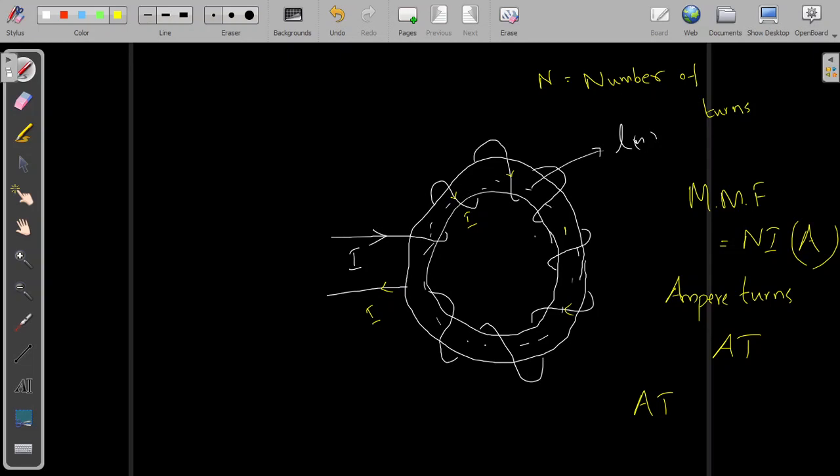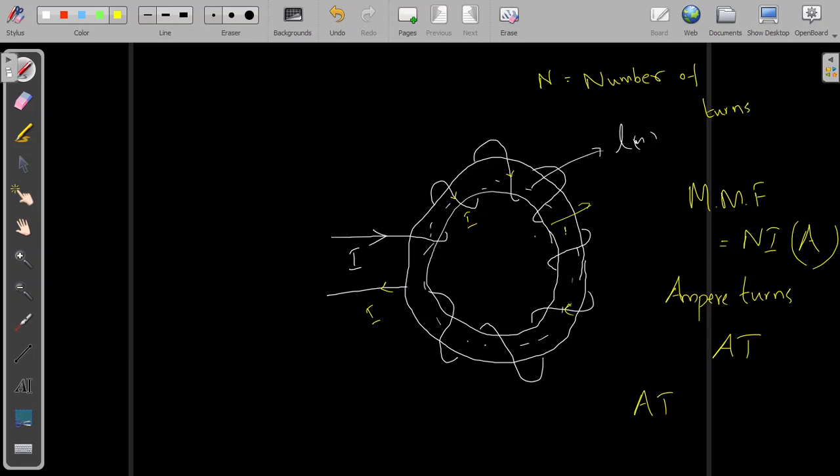And this MMF is independent of the material of the toroid, whether it is iron, steel, or any other magnetic material, nickel, copper, alnico or any other.